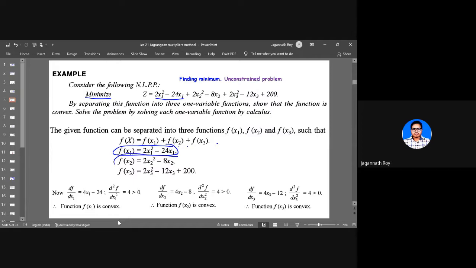Now, if you remember, the addition of convex functions, f1 of x plus f2 of x, is a convex function plus a convex function.